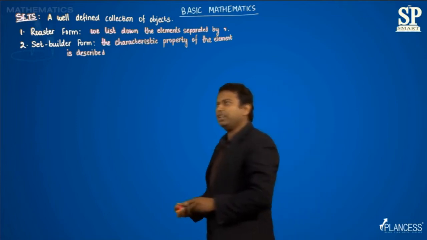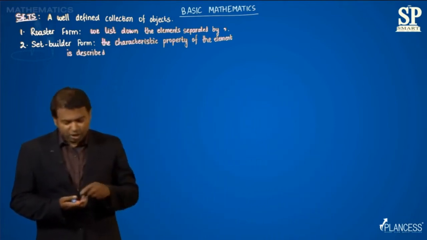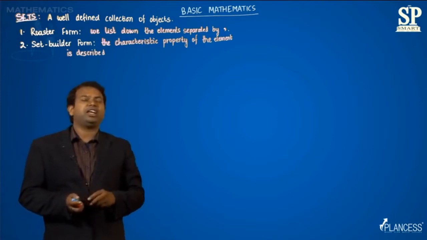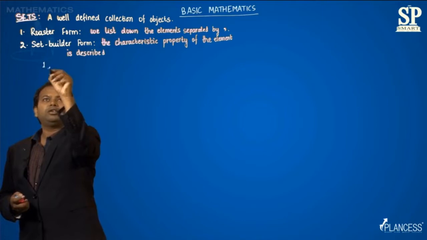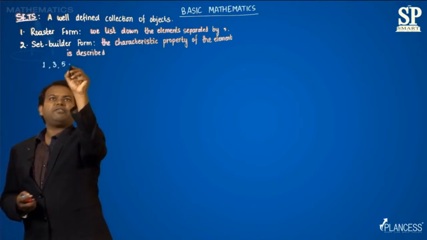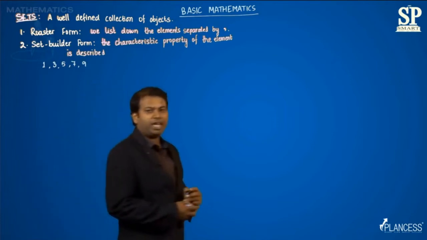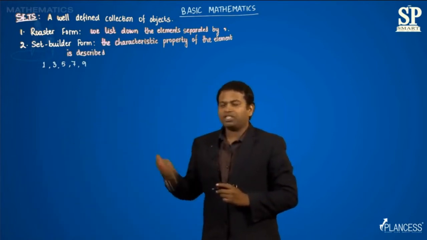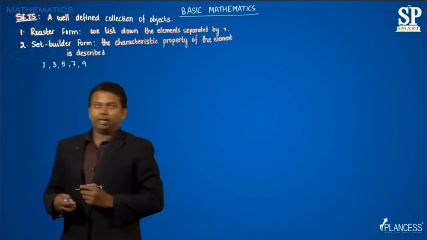Now let us say we have a collection of objects, or here let us take a collection of numbers: 1, 3, 5, 7 and 9. So basically here we have 5 numbers which clearly are odd and they are less than 10.